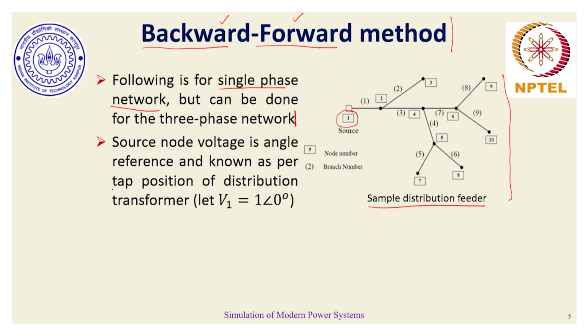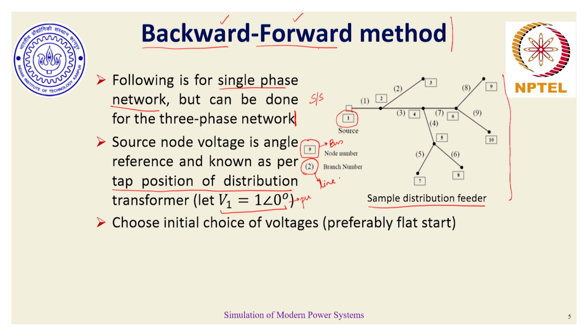Depending on the transformer tap position of the distribution network transformer, which is basically the substation transformer, and the per unit voltage reference that we have chosen, it is often the case that V1 can be chosen as 1 at an angle of 0 degree or radian in per unit. In the network, the numbers encircled in the square boxes are the bus numbers, whereas the numbers within the simple brackets are the branch or line numbers.